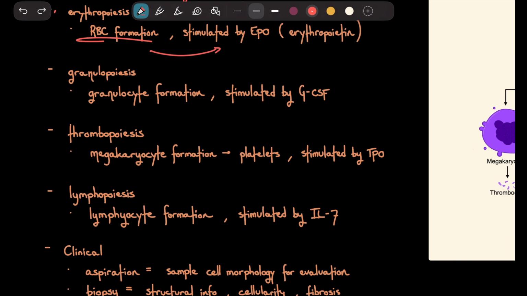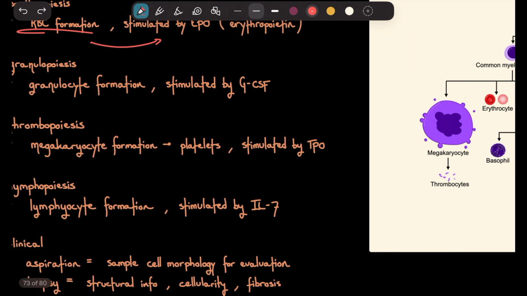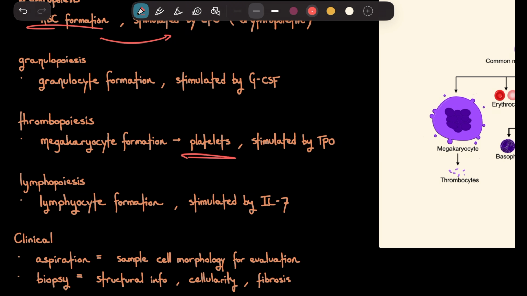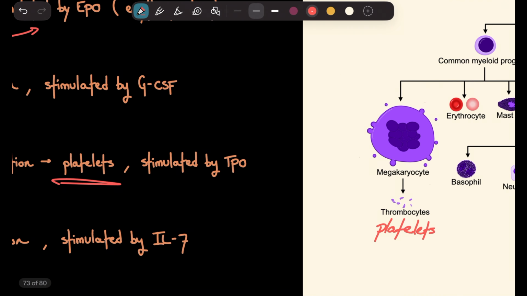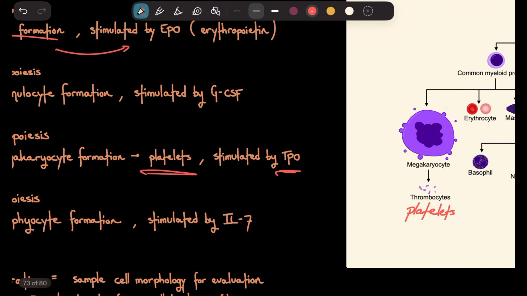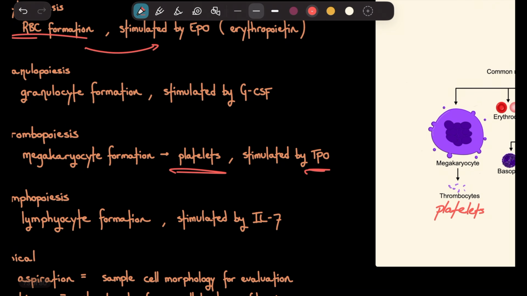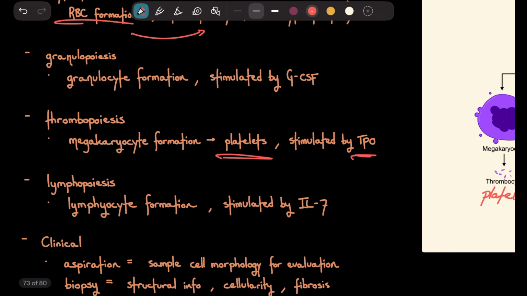And then thrombopoiesis. A thrombocyte is a fancy word for platelets. Same kind of deal with EPO, except we have TPO. So if I'm low on platelets, then I'll have this TPO stimulation telling my stem cells to create more megakaryocytes. So I don't outright create platelets from my bone marrow.